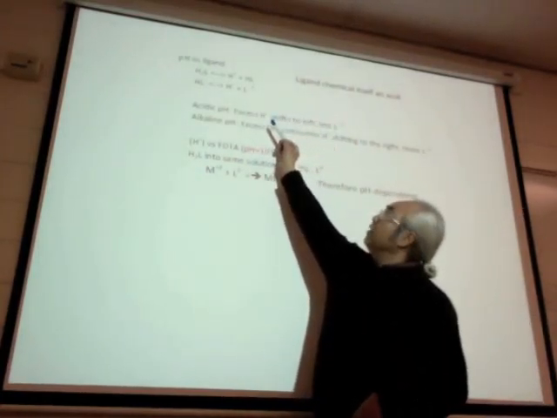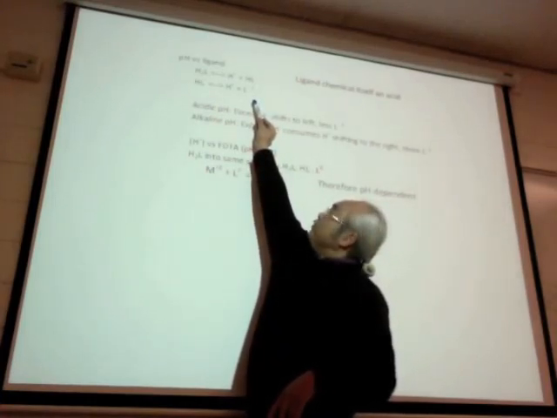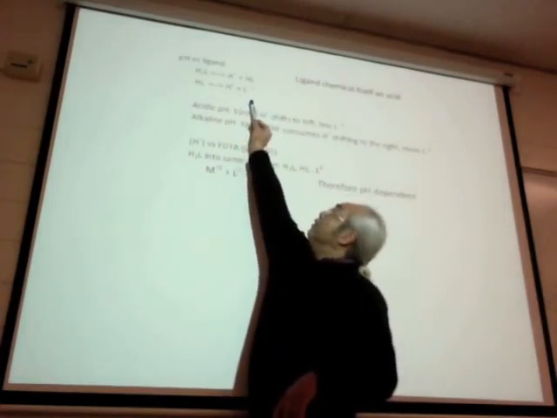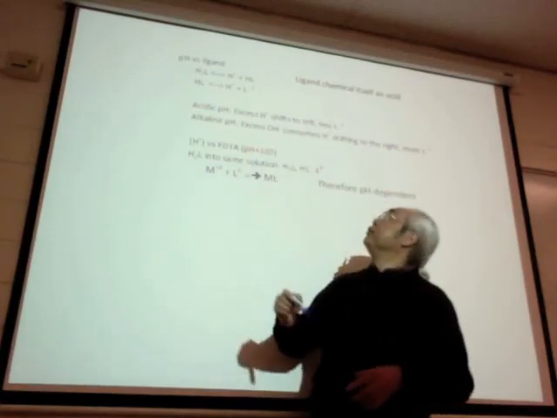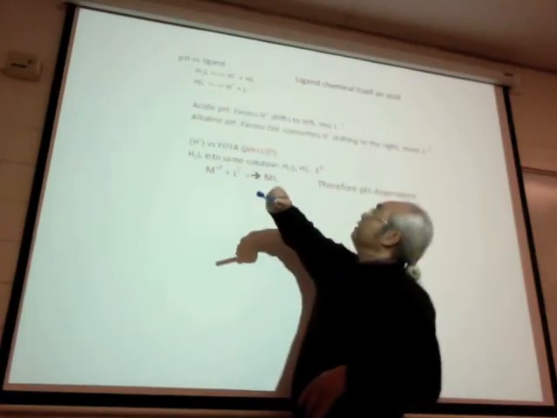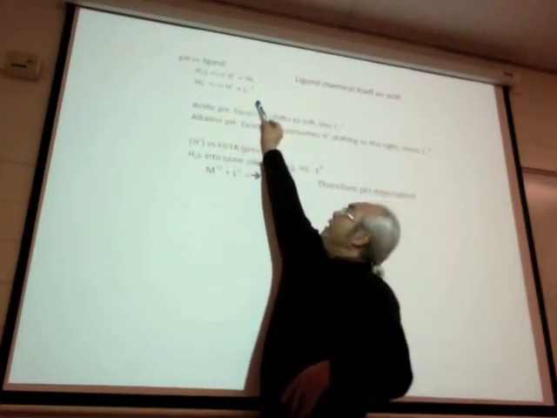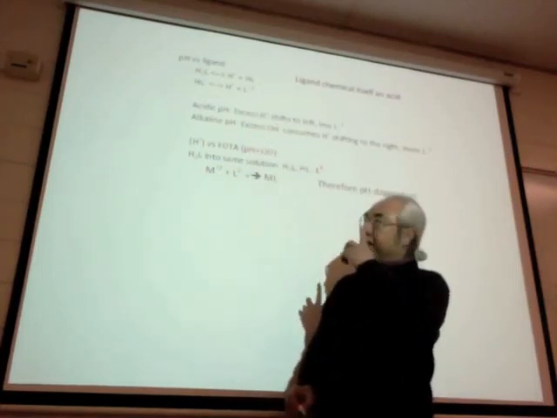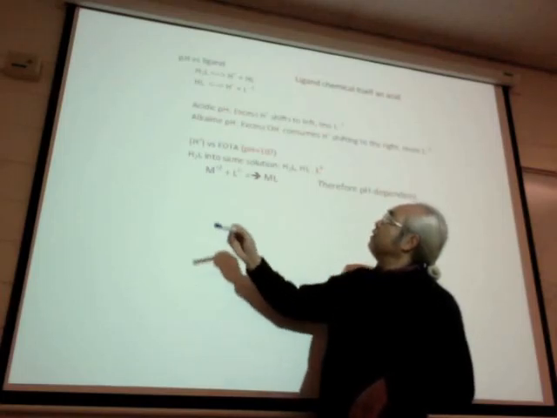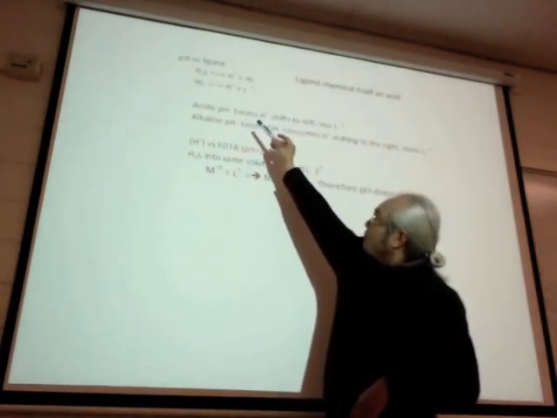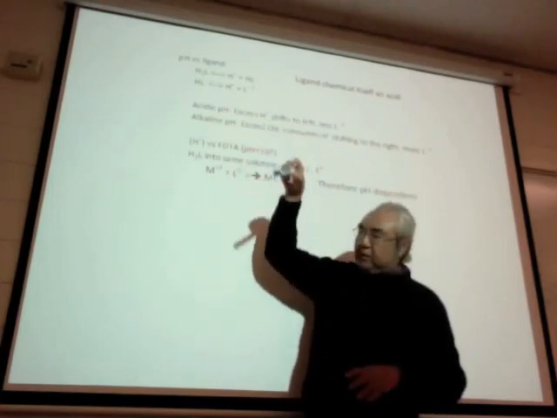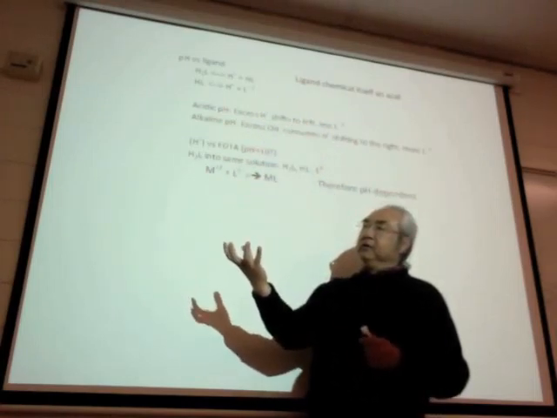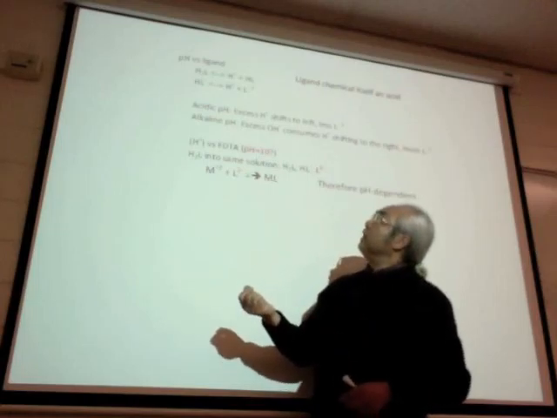Because you want to have the condition right for complexation, so this is the product you desire. The L minus 2 is the product you desire. Then how can you generate the L minus 2 in your mixture? Well, if you use acidic condition, if your solution is acidic, you dissolve H2L.